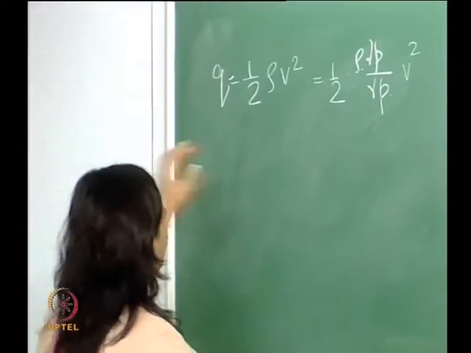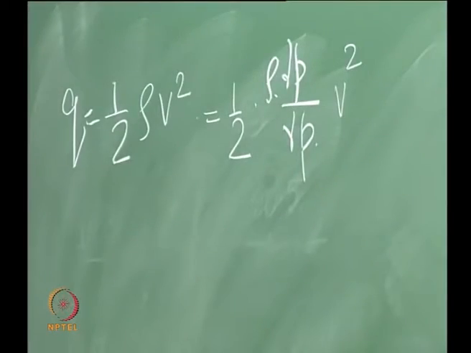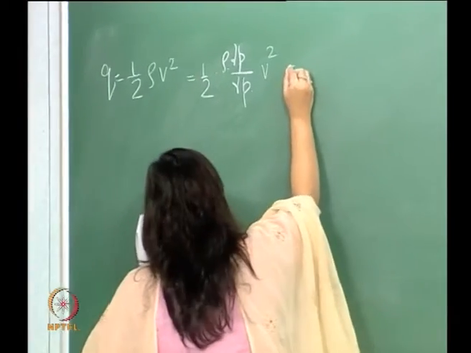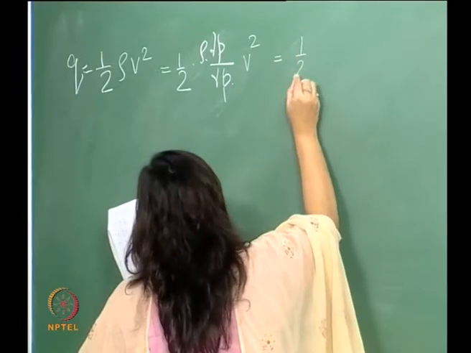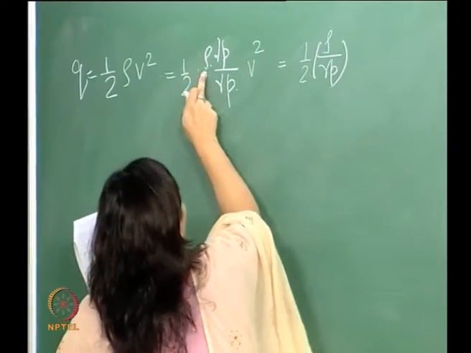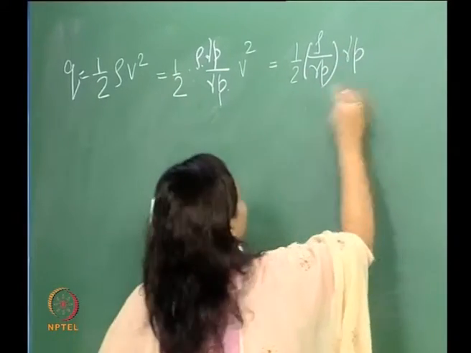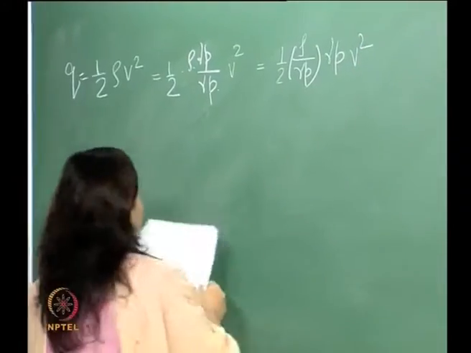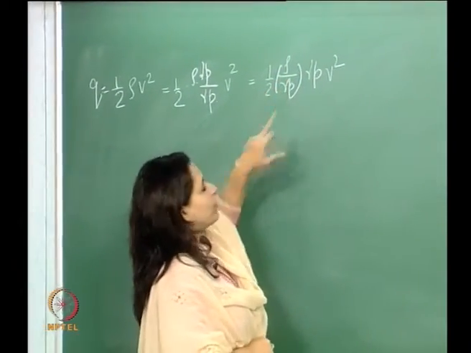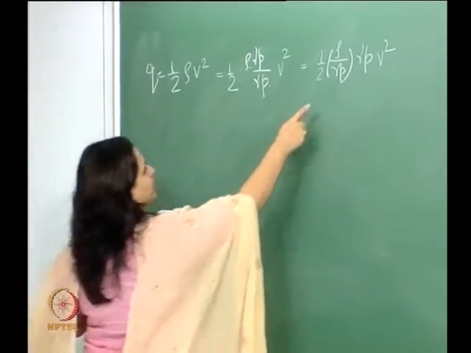So I'm basically multiplying the whole thing by gamma p. If I do that, then I take this rho by gamma p, keep the other gamma p in there, v square. So now do you recognize what rho by gamma p is? You remember this one?